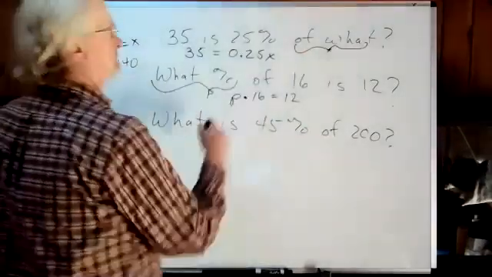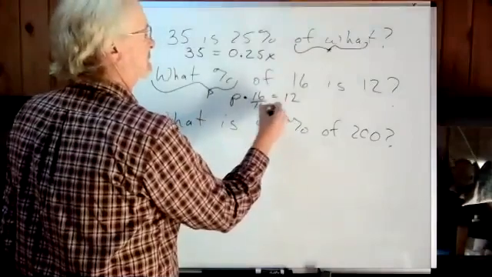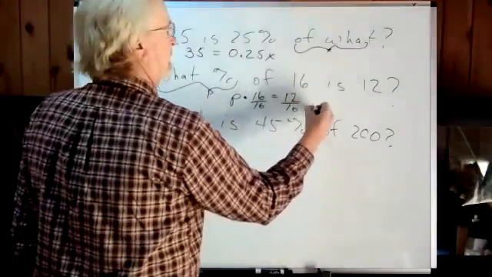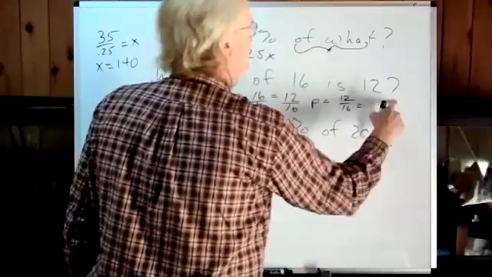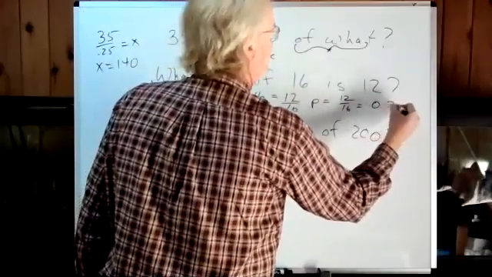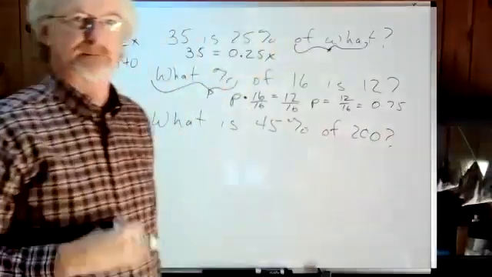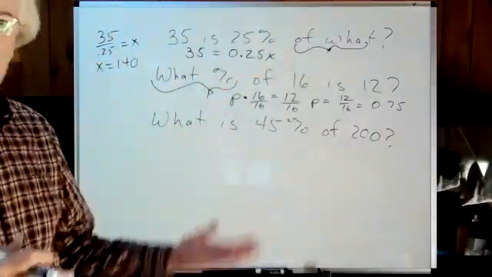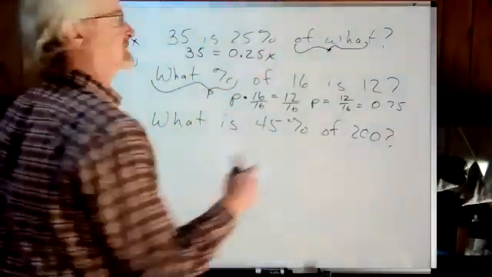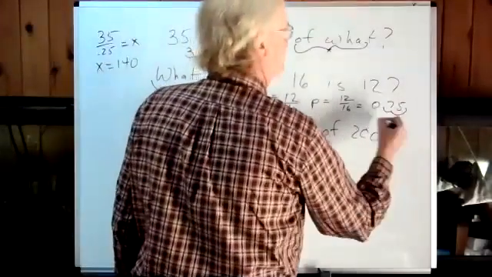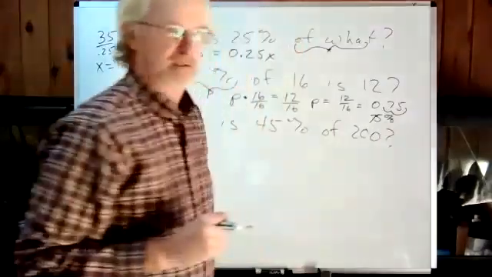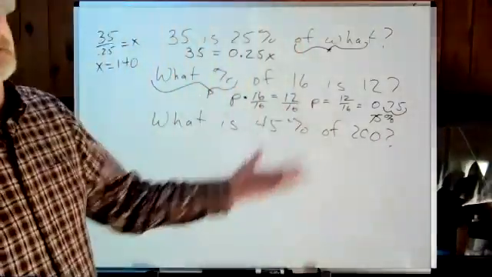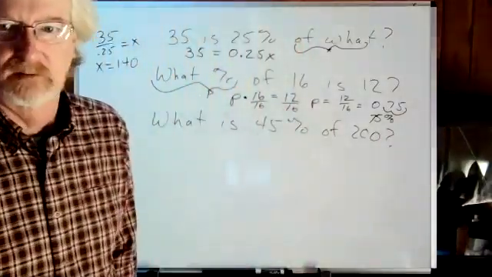So still, we're going to divide both sides. And I get P equals 12 divided by 16. And I think you'll see that's 0.75 with a decimal. Converting that to percent, always 2 places, 75%. I'm going through these kind of quickly, I guess. Slow me down if necessary.